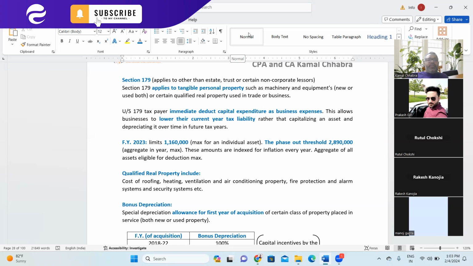Section 179 applies to tangible personal property such as machinery, equipment, new or used both, or certain qualified real property used for trade or business.